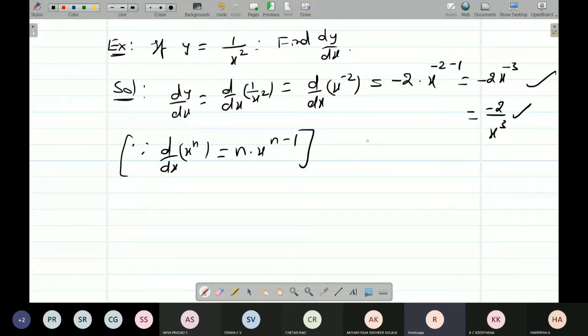So now I will give you a few more examples. I want answers from you immediately, fast. I will give you a few simple functions only. First example, if y is equal to x, then what is dy by dx?